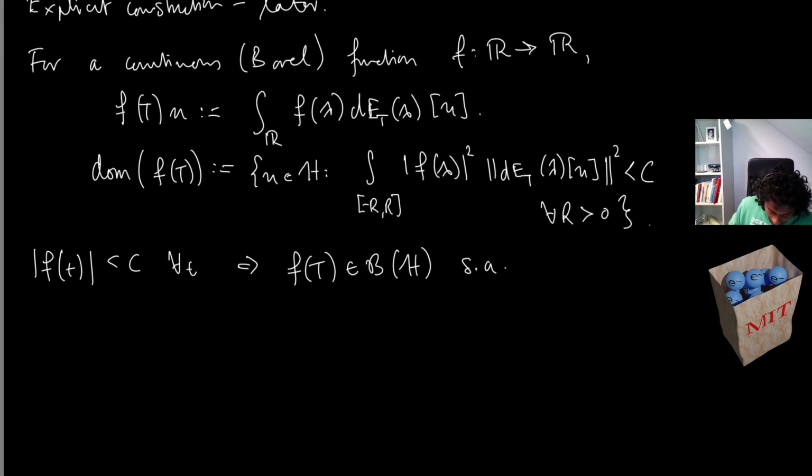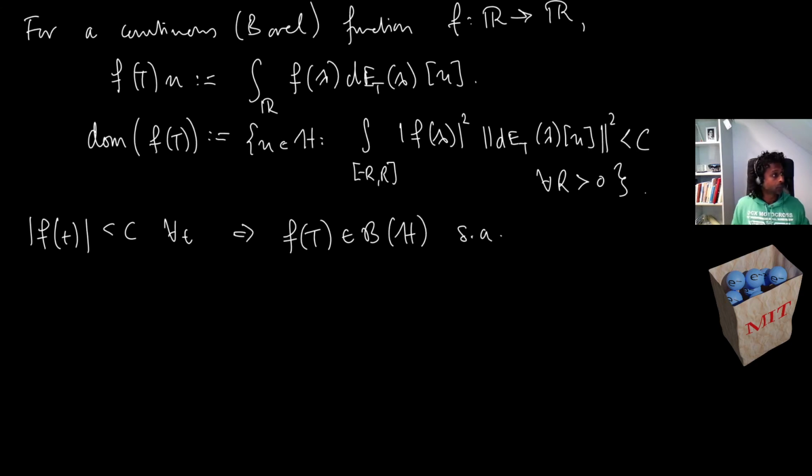So how does this connect with what we've talked about before? Well, the example is, let's consider the Laplacian on R^n again. We had a method of taking functions of the Laplacian.